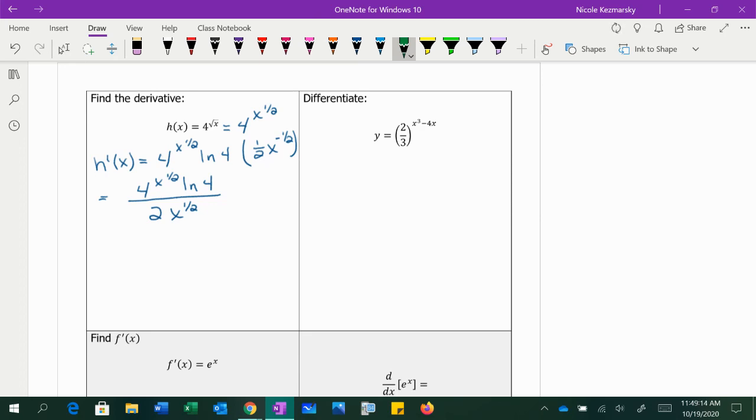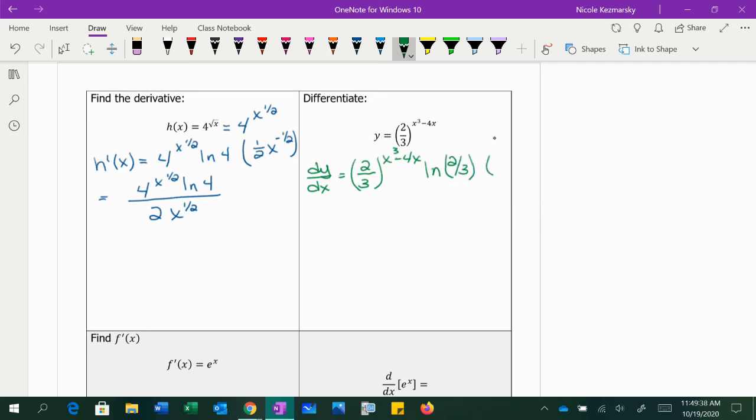For the next example, same deal. I'm going to write dy dx. Copy over my problem, so 2/3 to the x cubed minus 4x. Then I'm going to write down natural log of the base, so natural log of 2/3.